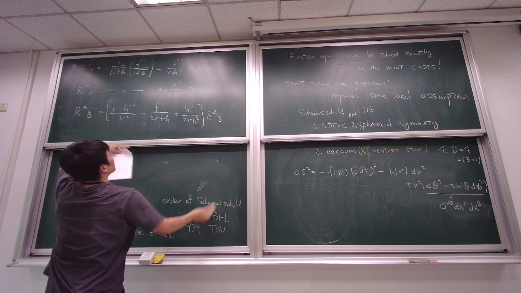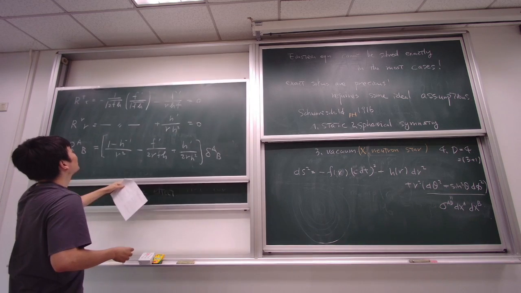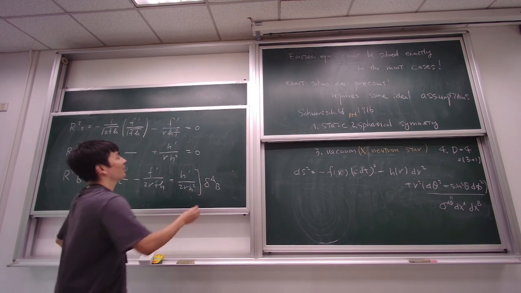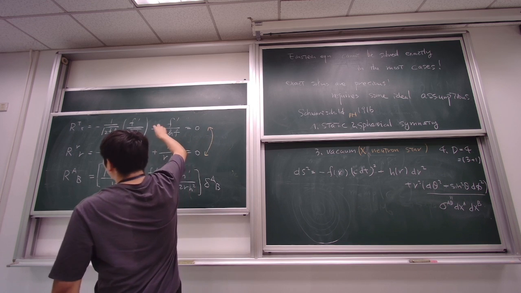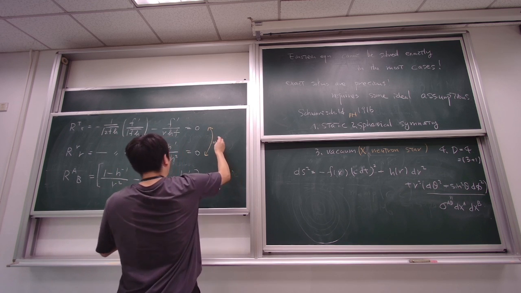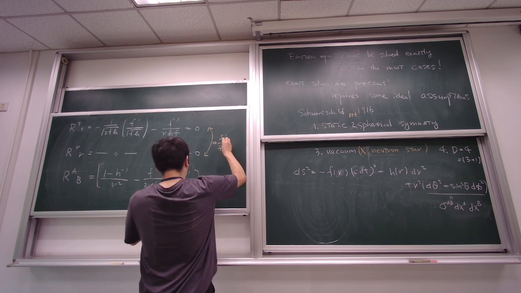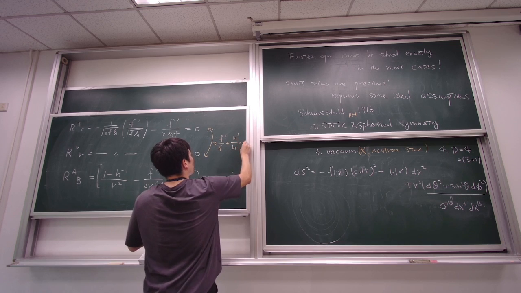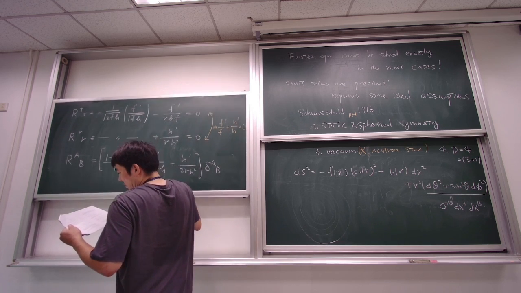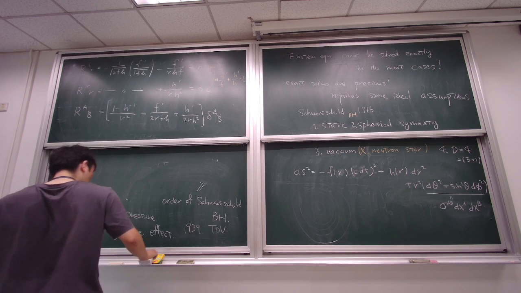And you can immediately see that if you encounter this kind of situation, it's very natural to take a difference between them. The difference will give you f prime over f plus h prime over h is equal to 0. Okay, so that's what's going to happen.